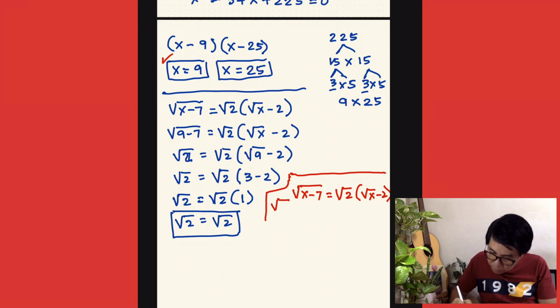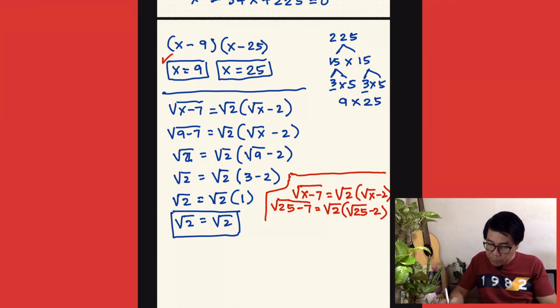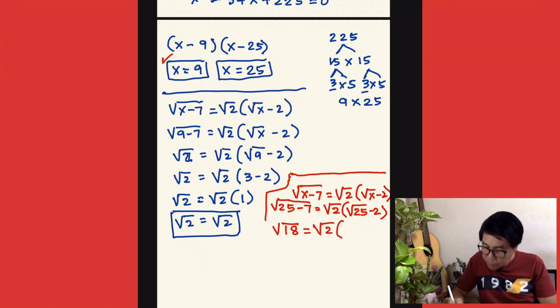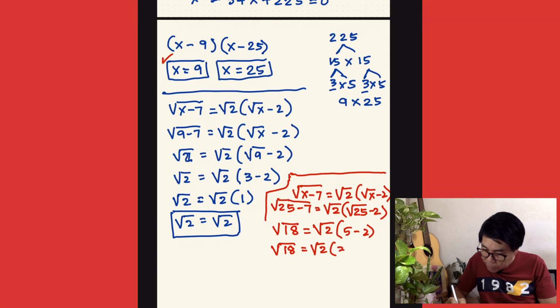So square root of 25 minus 7 equals square root of 2 times square root of 25 minus 2. 25 minus 7 is 18, so square root of 18 is equal to square root of 2 times square root of 25 is 5 minus 2, which is 3.